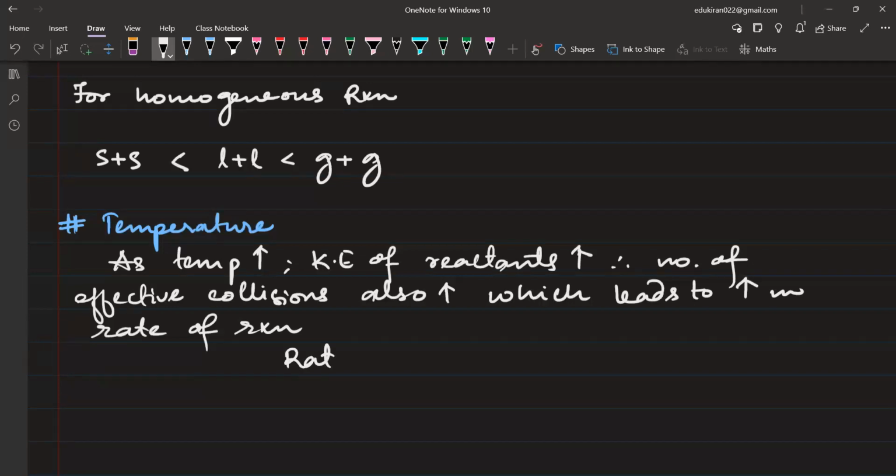So we can say that the rate of reaction is directly proportional to temperature. If temperature is high, rate of reaction will start getting faster.